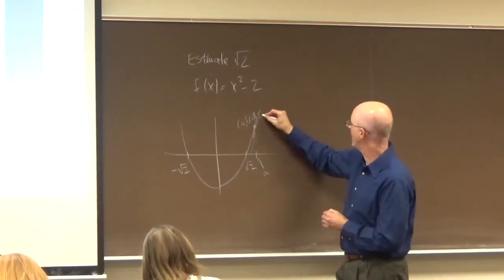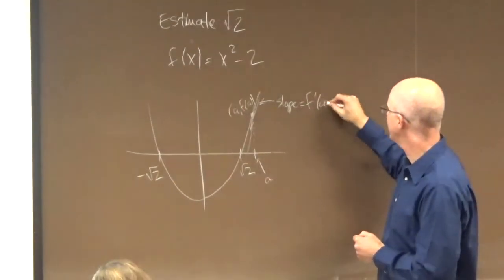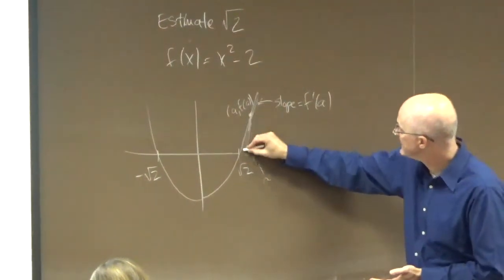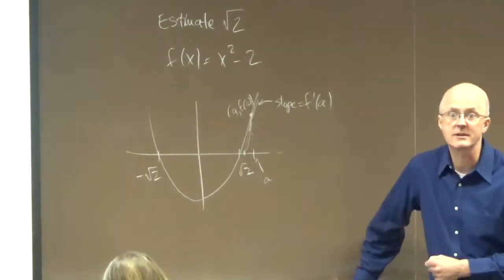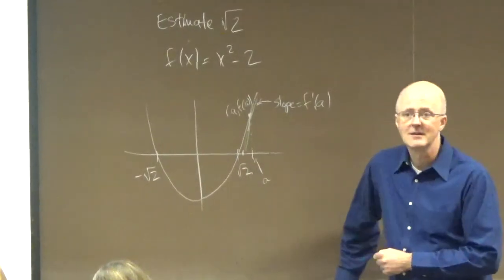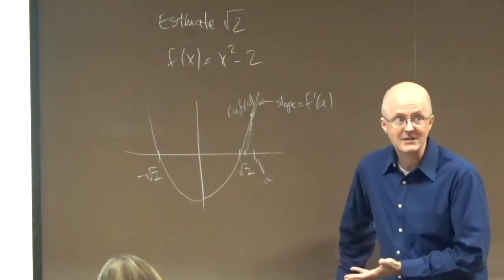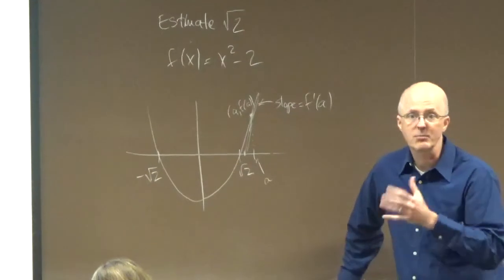It's got slope equal to f prime of A. It's the tangent line there. And you notice it seems to be the case that the tangent line has an x-intercept that's pretty close to the root. Maybe even closer than I've drawn it here. So hopefully that x-intercept would be a good guess for square root of 2. A good approximation.